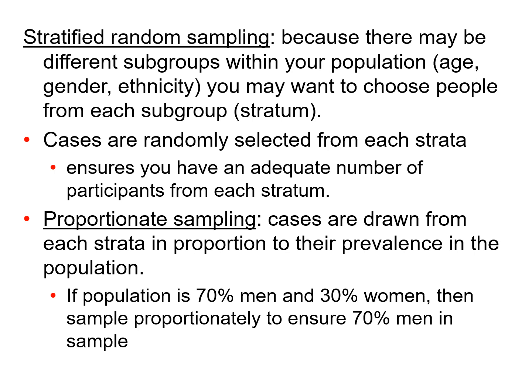Another type of sampling would be proportionate sampling, wherein cases are drawn from each stratum in proportion to their prevalence in the population. For example, if the population is 70% men, 30% women, then sample proportionately to ensure 70% men in the sample.